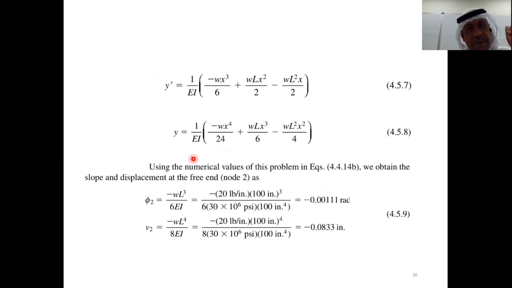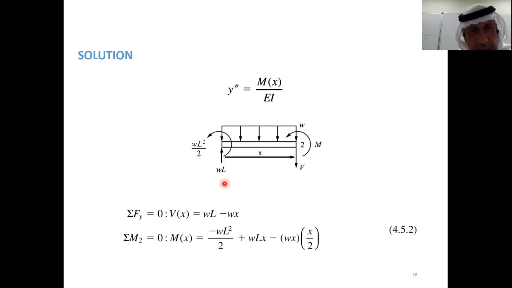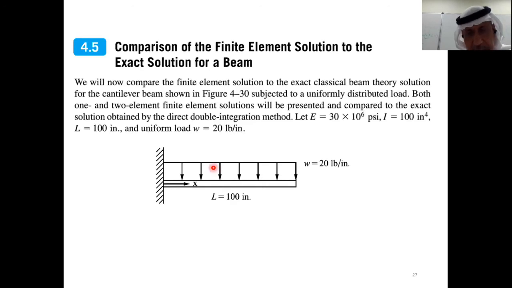Okay, how do you compare this result with the finite element? It says using the numerical method, we obtain the slope and the displacement at the fixed end, Phi2 and V2. How did we get this? Can you tell me? For node 2, we solve for V2 and Phi2, which is the middle node. Again, I have to come here, right?